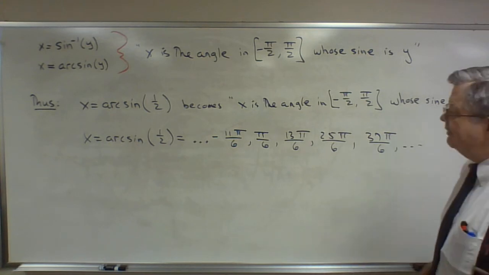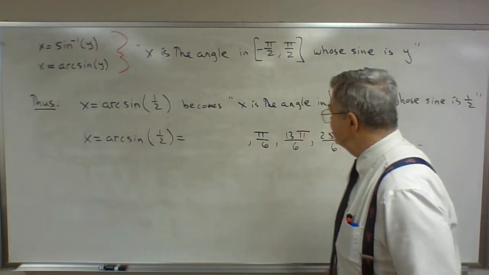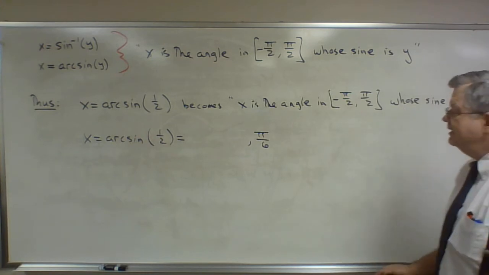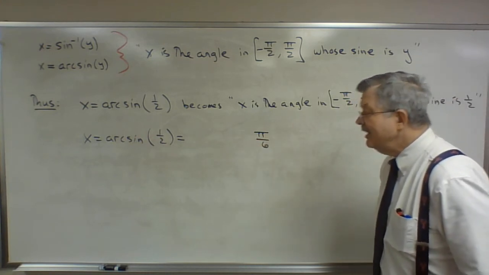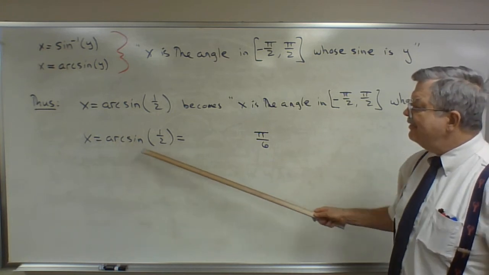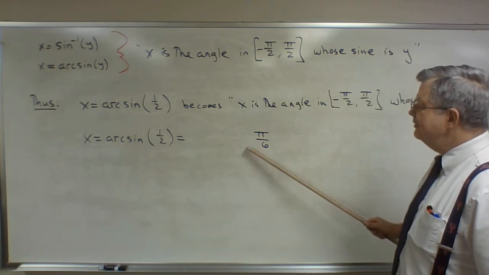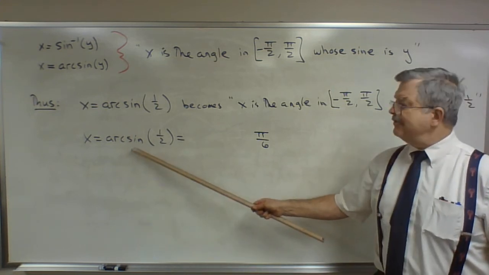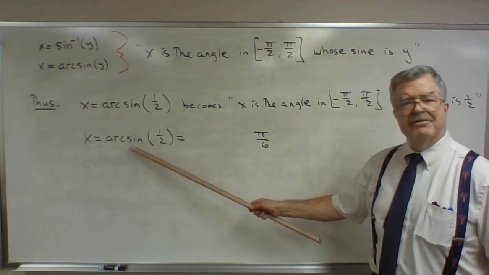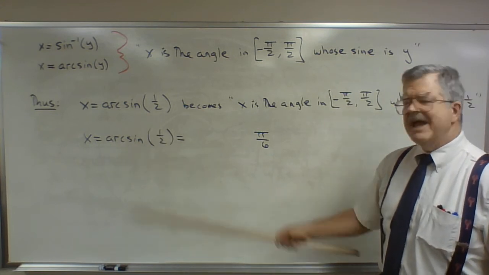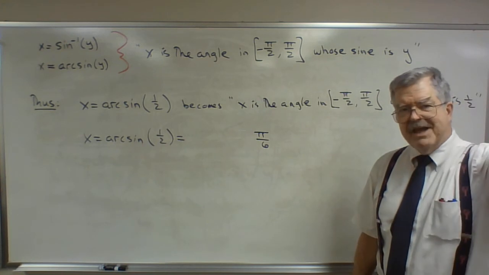Okay, well that certainly eliminates this guy, and this guy, and this guy, and this guy. And now all of a sudden we have arc sine of 1/2 equals pi over 6. Arc sine, sine inverse, congratulations. You've just been elevated to the status of function. Yay!